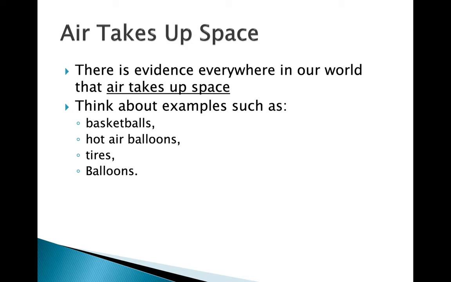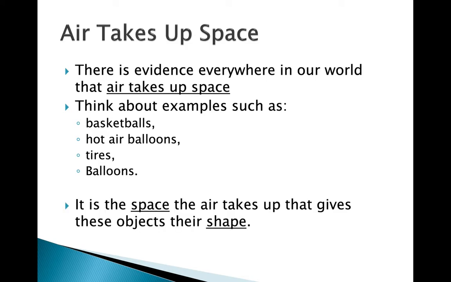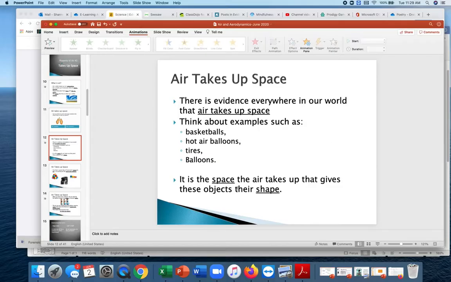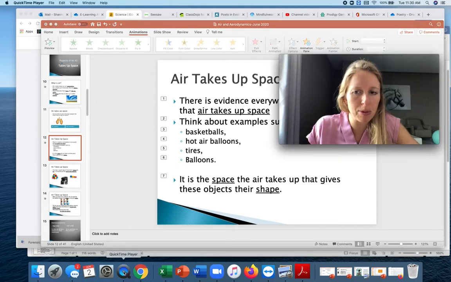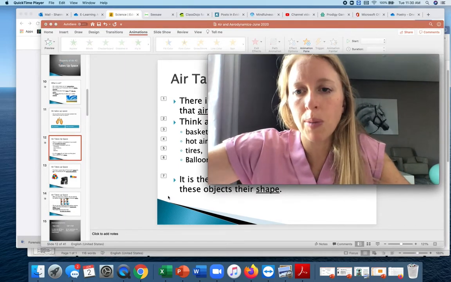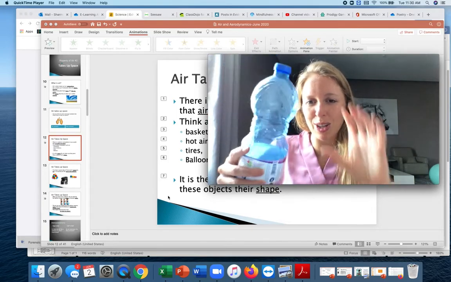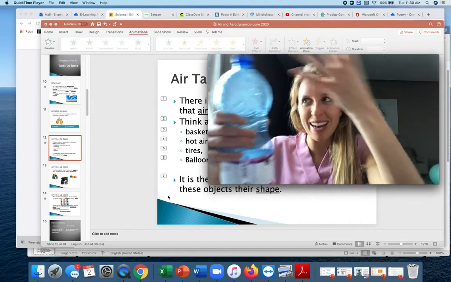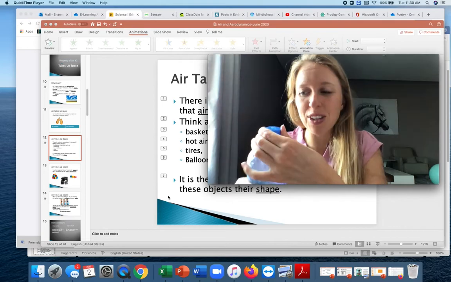It is the space that the air takes up that gives these objects their shape. Another example I'm thinking of right now is this water bottle. If you do the crushing water bottle thing where you squeeze it, would it be possible if you had the cap on?